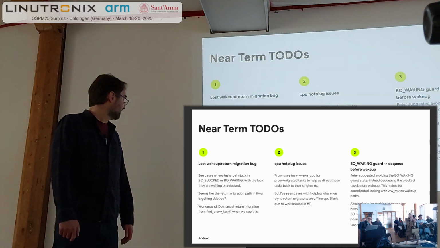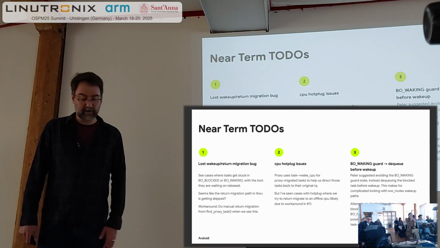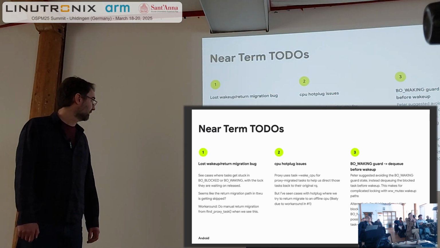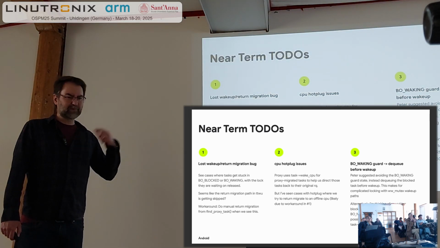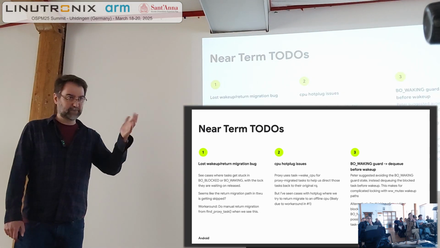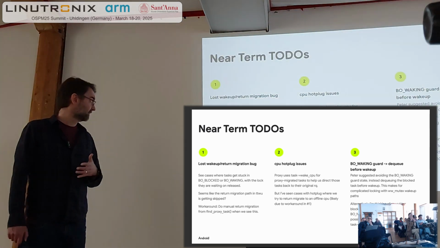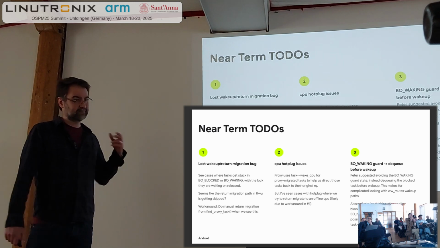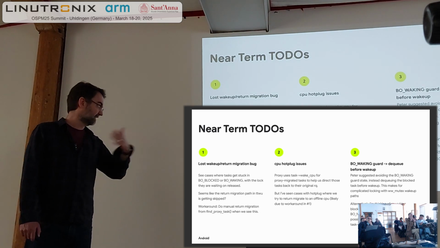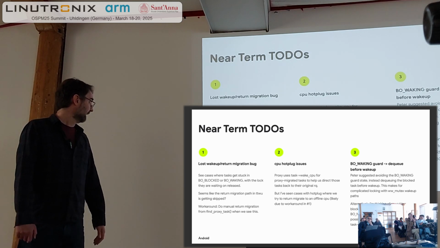As far as near-term to-dos, one of the issues I have in the full patch stack is that every once in a while I'd find that there's no lock owner for a mutex, but one of the waiters was still in the blocked on state, either blocked or waking, which is an intermediate state before we get back to running.